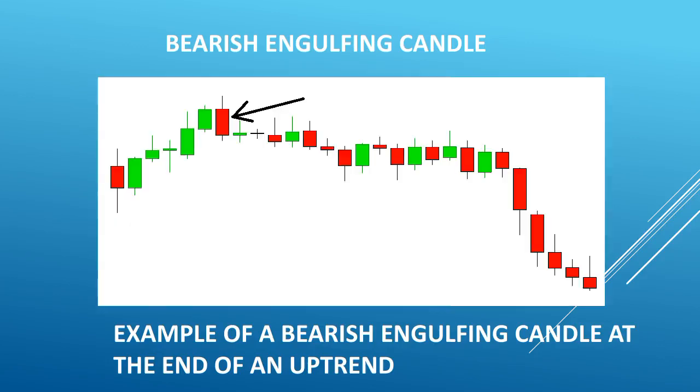Another example of a bearish engulfing candle at the end of an uptrend. On the screen, you can see the development of 5 green candles on the left, and then the appearance of a bearish engulfing candle where the arrow is pointing. We have the development of more like a downward range, then the eventual complete control by the bears towards the right side of the image.